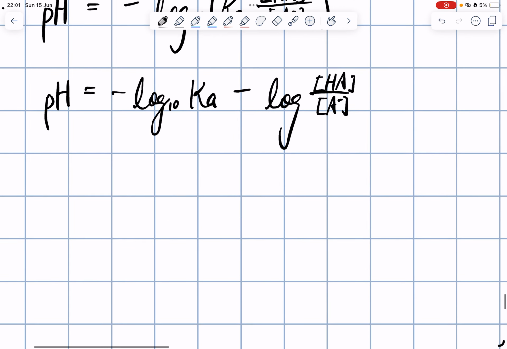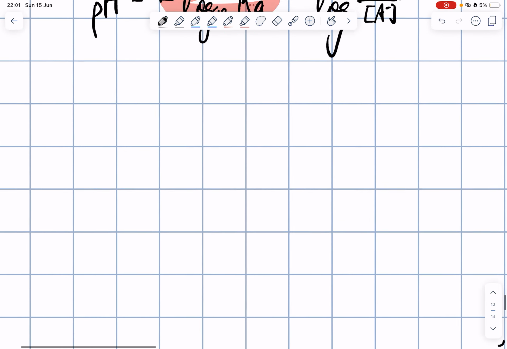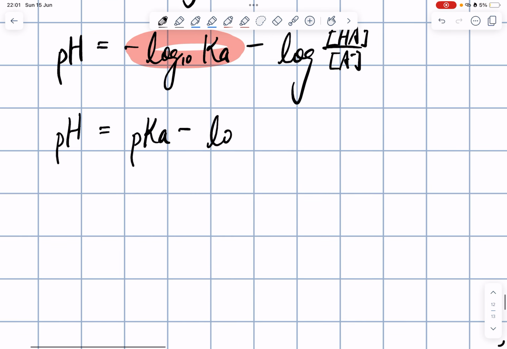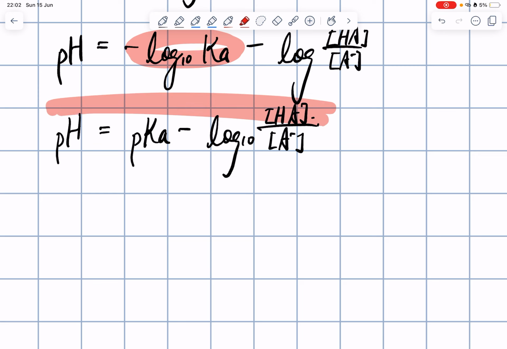We do it like this, and we just see this is exactly pKa. So pH equals pKa minus logarithm of HA concentration over A minus concentration to the base of 10. This is the final pH equation for a buffer solution.